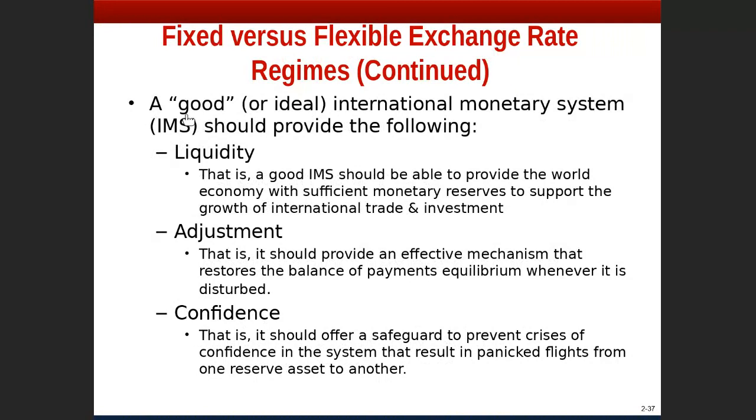A good or ideal international monetary system should provide at least the following 3 things: liquidity, adjustment, and confidence. By liquidity, what do we mean? That is, a good international monetary system should be able to provide the world economy with sufficient monetary reserves to support the growth of international trade and investment.